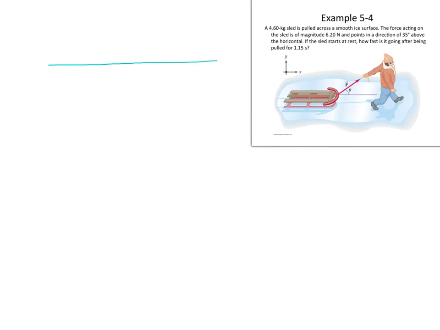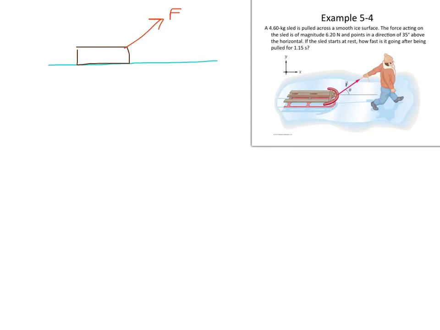I'll make that brown, and I'm just going to make it a box. The sled is being pulled forwards, or towards the right, with a force. This force is directed upwards at an angle like this. We're going to call that our force F. So that's me redrawing it.